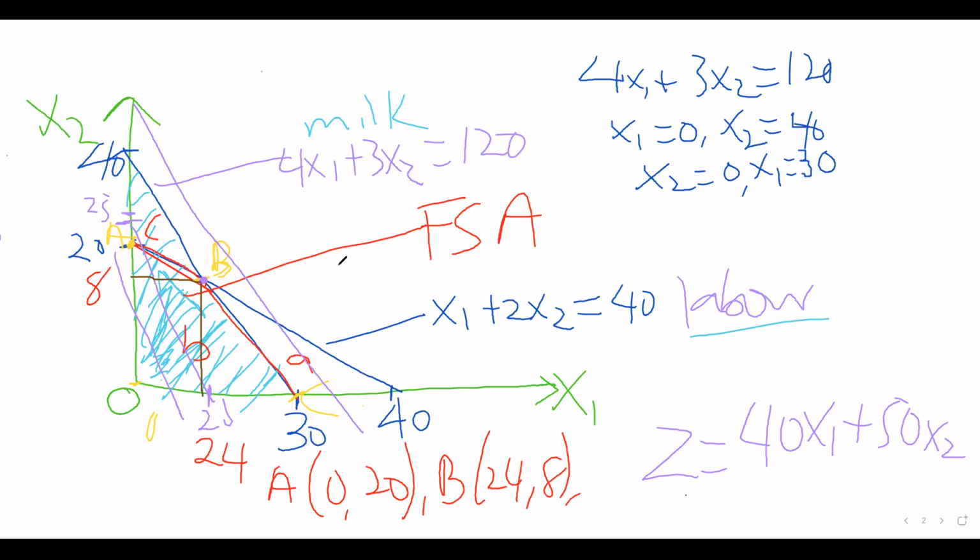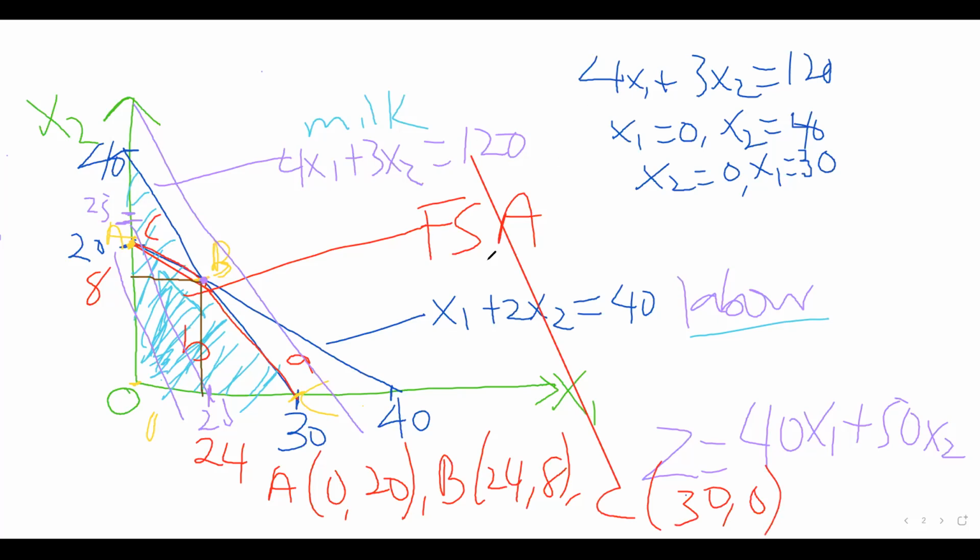And for C, x1 is 30 and x2 is 0. So these are the coordinates.